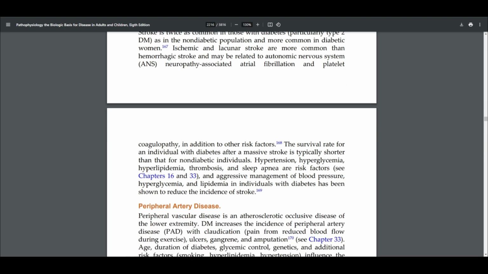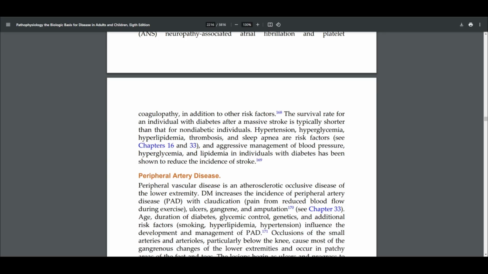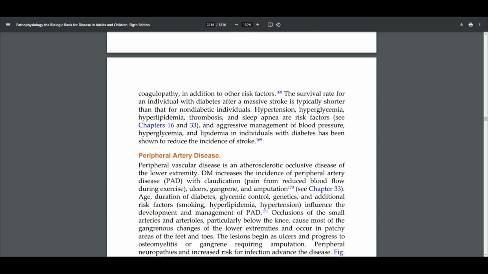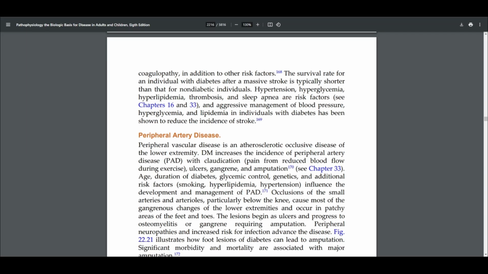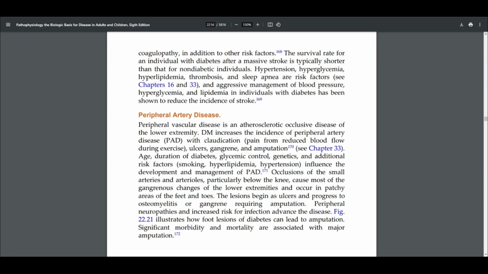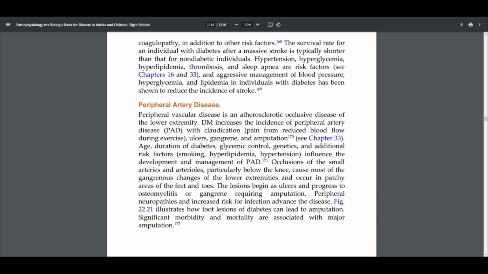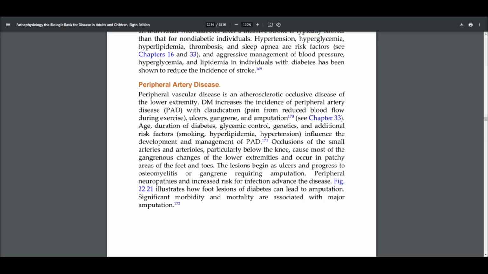The survival rate for an individual with diabetes after a massive stroke is typically shorter than that of a non-diabetic individual. Hypertension, hyperglycemia, hyperlipidemia, thrombosis, and sleep apnea are risk factors, and aggressive management of blood pressure, hyperglycemia, and lipidemia in individuals with diabetes has been shown to reduce the incidence of stroke.